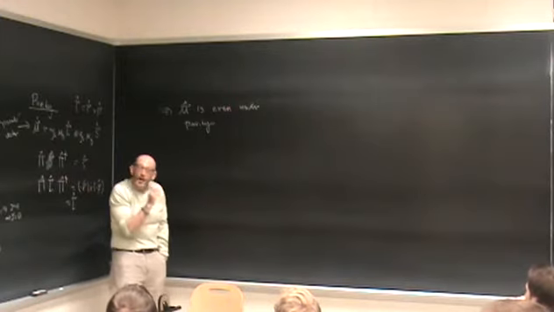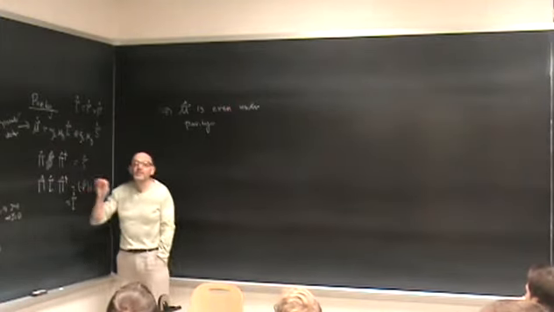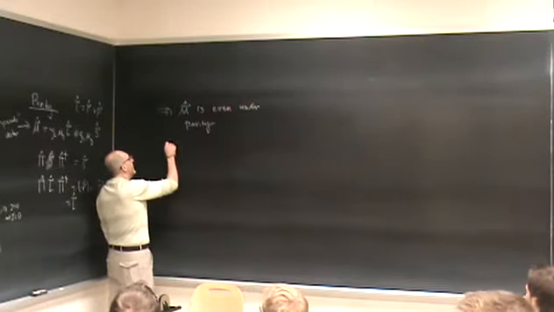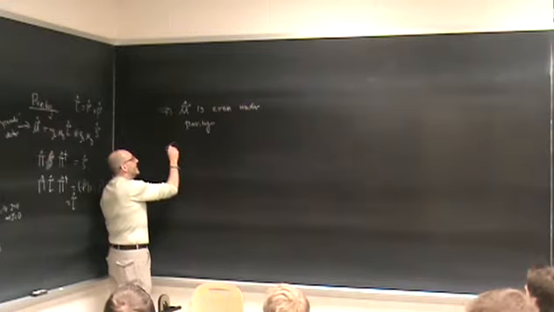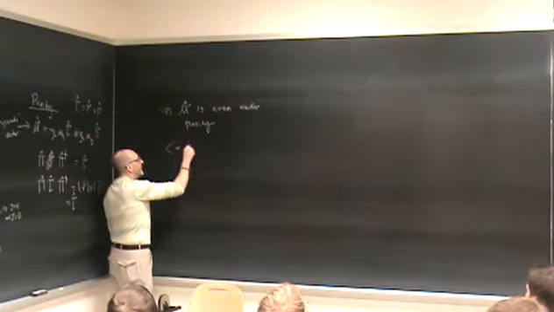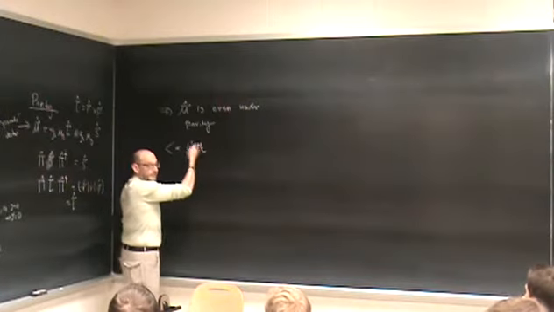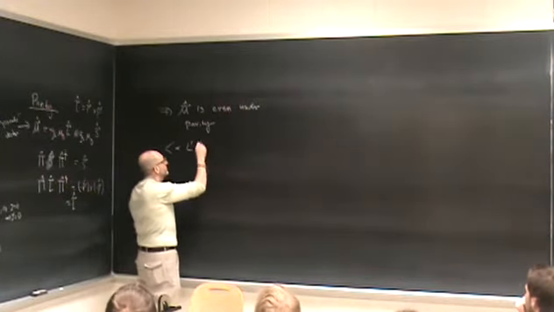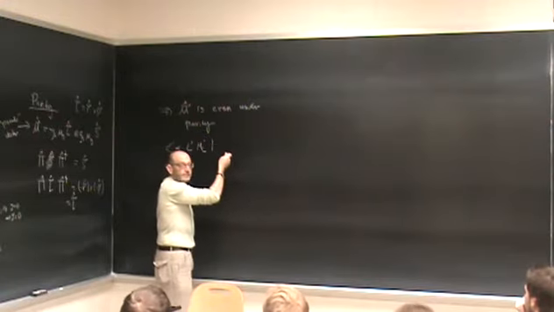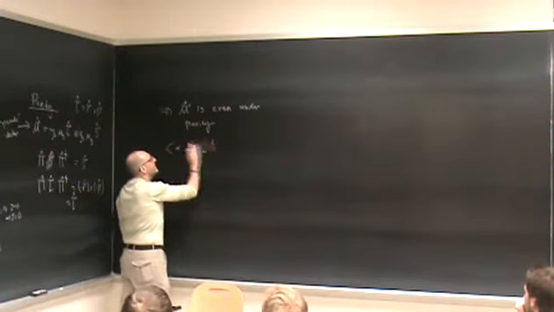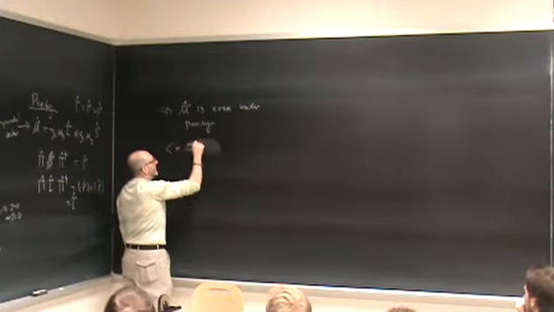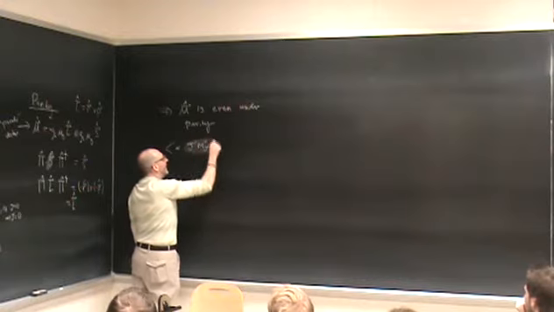Right, so it is all to do with what happens to L. Let's consider a state where L is a good quantum number. It doesn't even matter what M sub L is, but let's say I have J prime, MJ prime, and L prime.